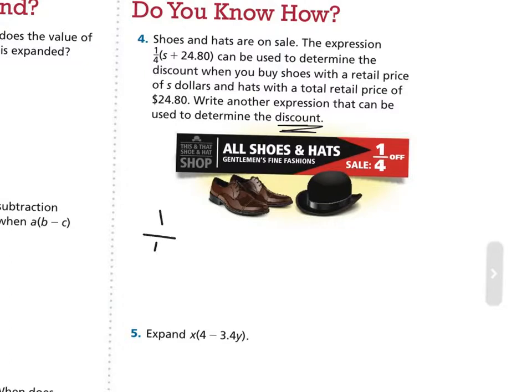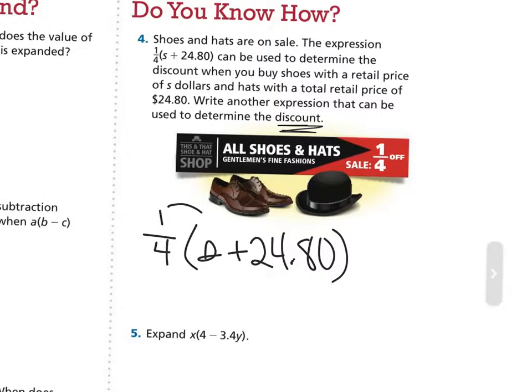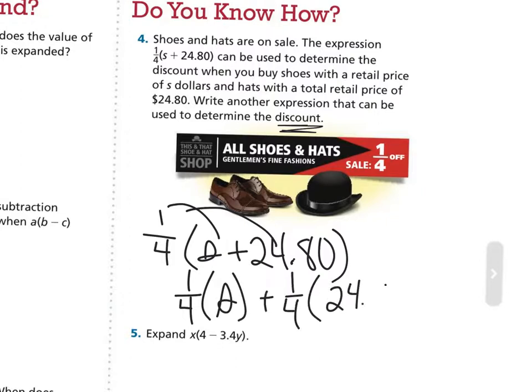So don't get confused on that part. So to do that, we can distribute. So we'll do 1/4 times S plus 1/4 times 2480. The 1/4 times S would just be 1/4 S.